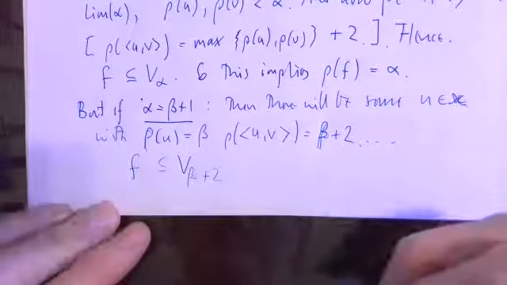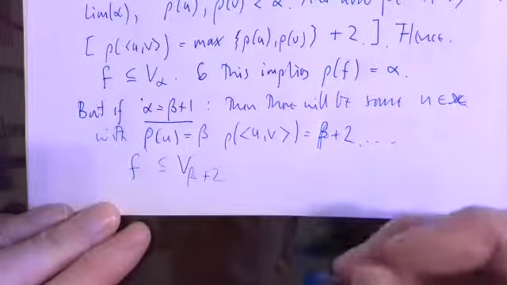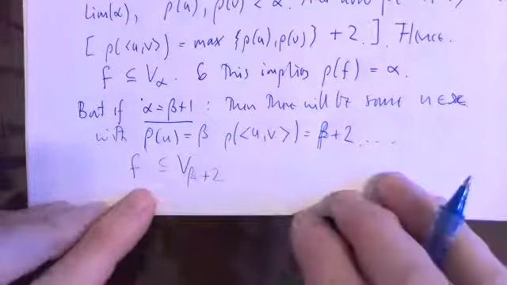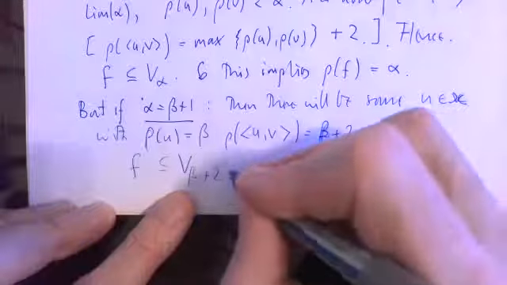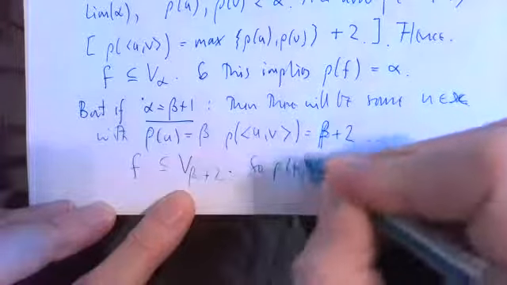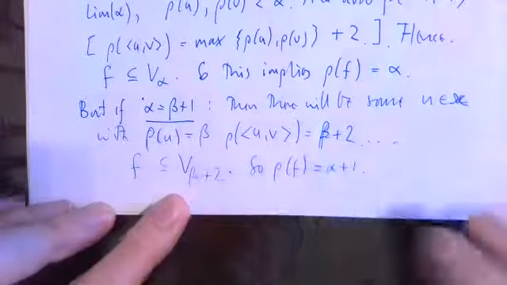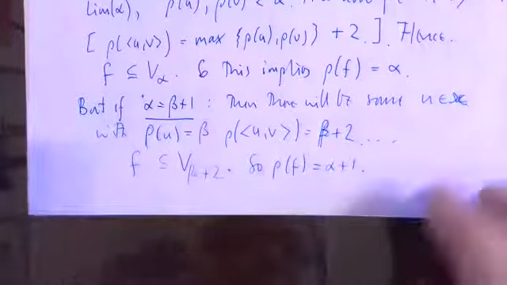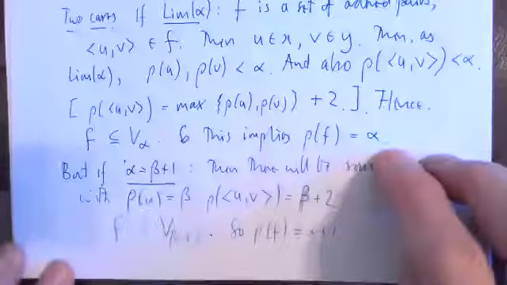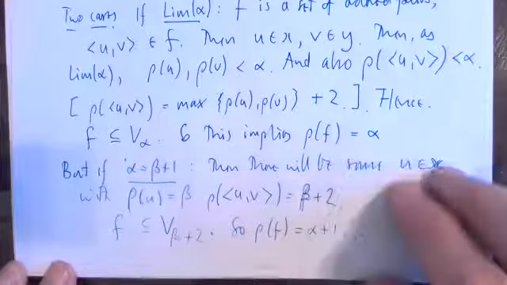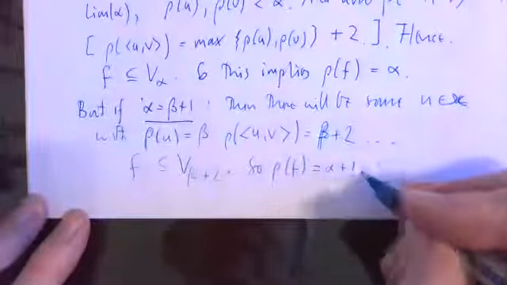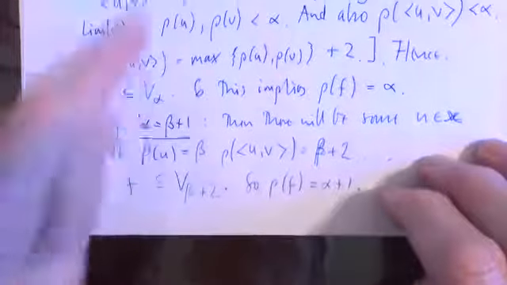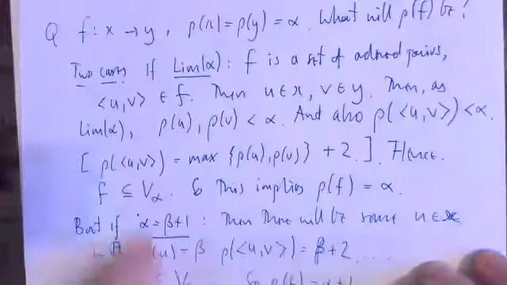So the rank of f is going to be alpha plus 1. Right, so it's something larger than the limit case here. So yes, it's slightly confusing. You have different answers depending on whether alpha is a successor or a limit.